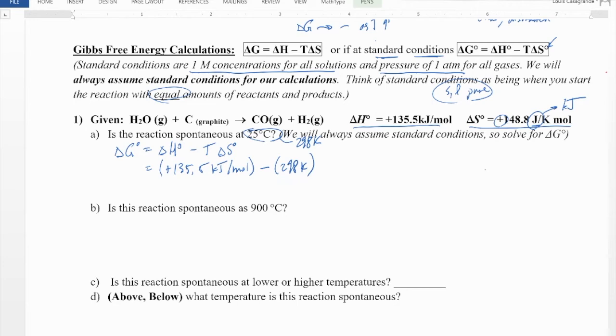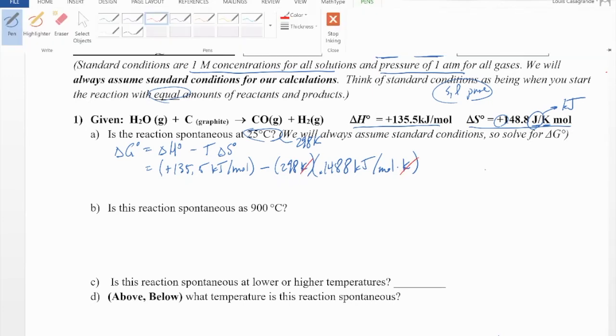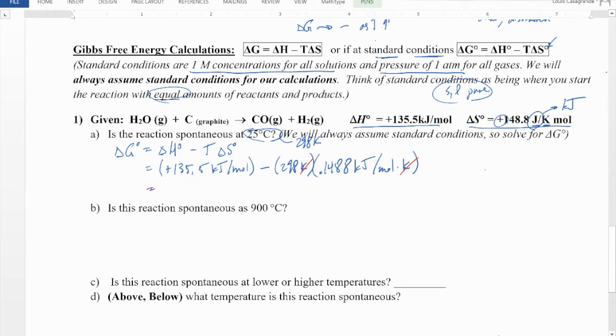So dividing by 1,000, and notice also the unit, there's a K in there to remind you that you need the K to cancel out. We have 0.1488 kilojoules per mole times Kelvin. Okay, so now let's do a little math here. Let's cancel out the Kelvins so that we know that those go away, and let's finish up the mathematics.